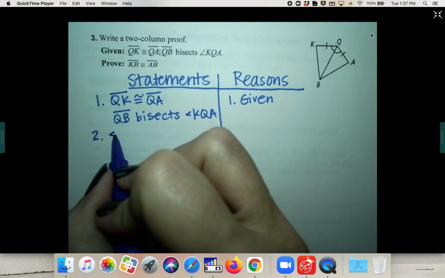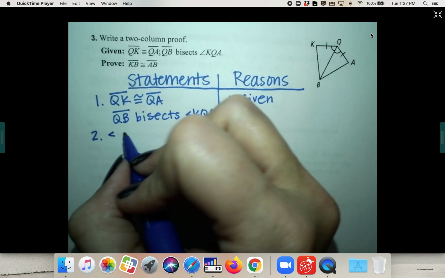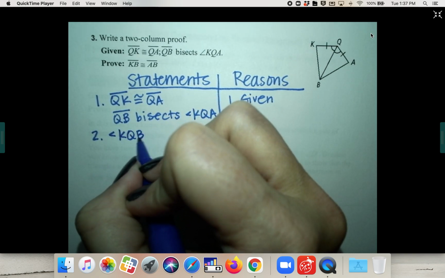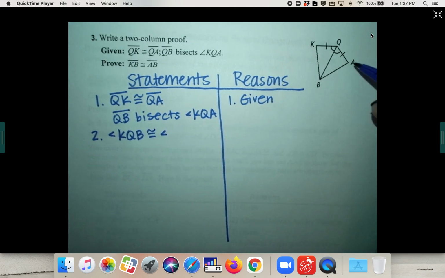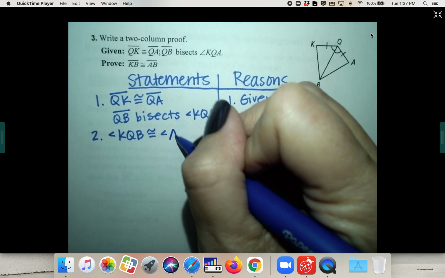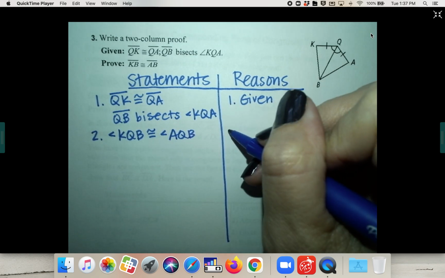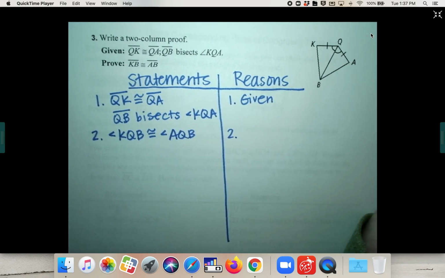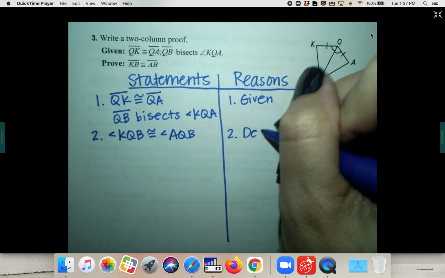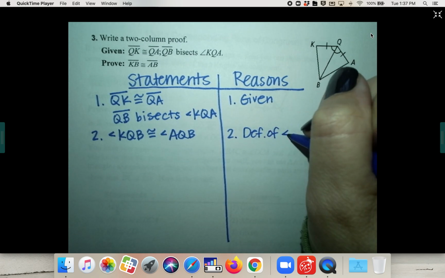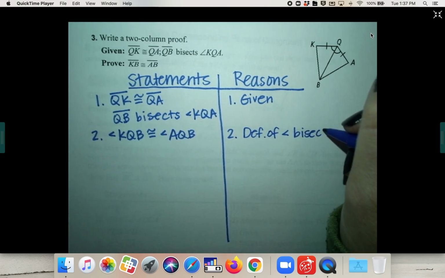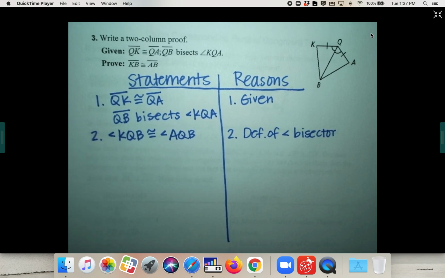So here we go. Angle KQB is congruent to angle AQB. And that, again, is because it said something about bisecting. So this is by definition of an angle bisector. It made these two equal, congruent angles.